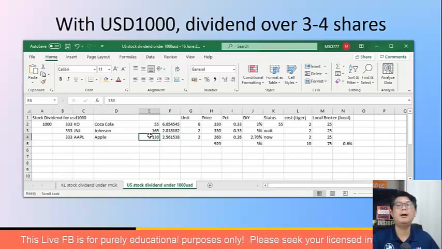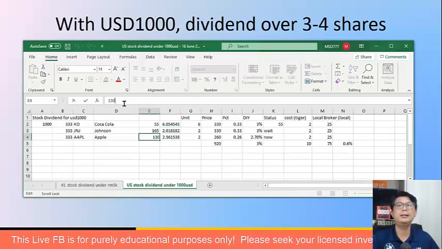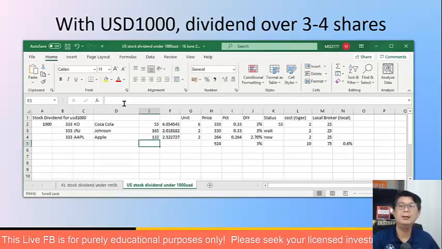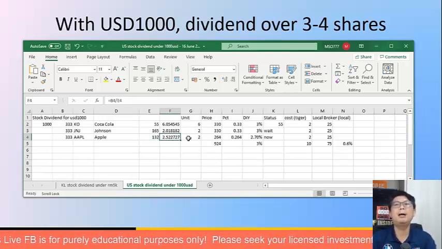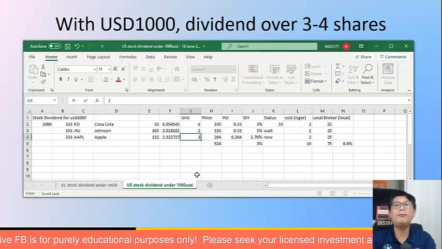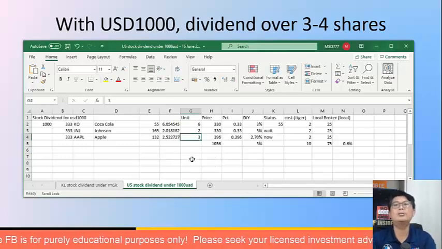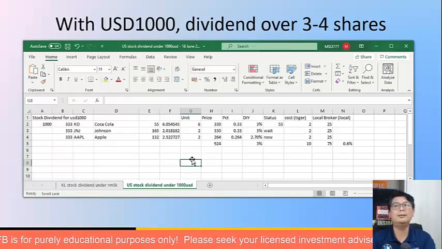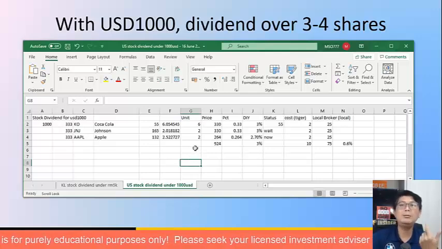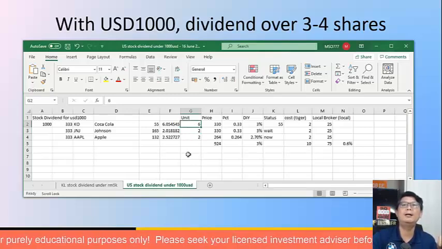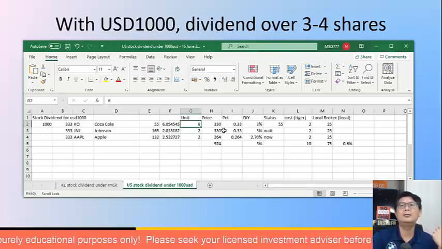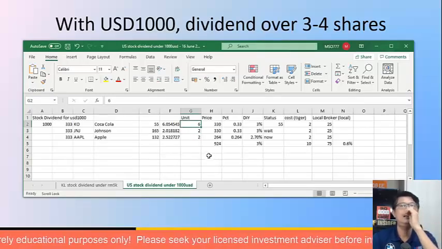That's about 2 shares. Apple is about 132. Okay, I think now it's 132. That will give 2.5 shares. So if you buy this, you can buy maybe 3 shares. If you buy 3 shares, I already crossed it, so cannot. So I only can buy 2 shares. 2 shares of Apple, 2 shares of Johnson & Johnson, and 6 shares of KO, Coca-Cola. So that is about 33% in here.